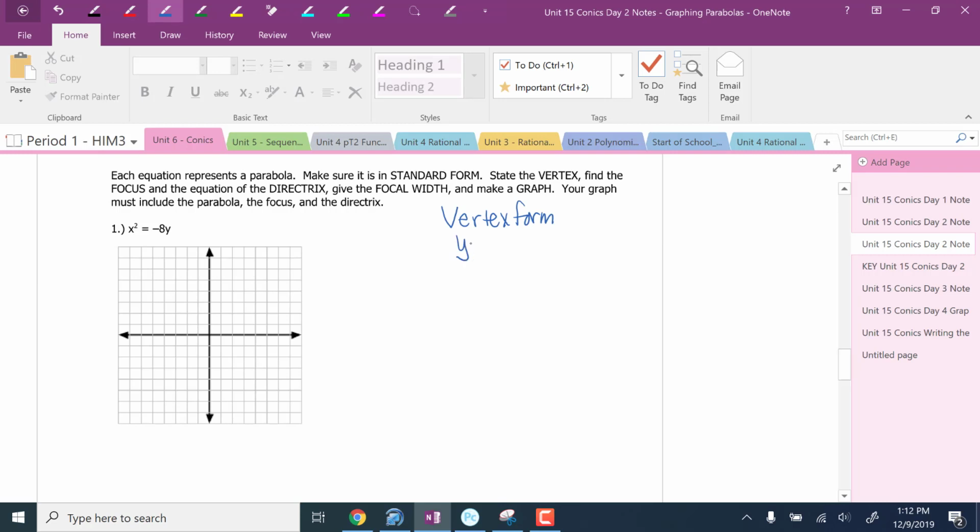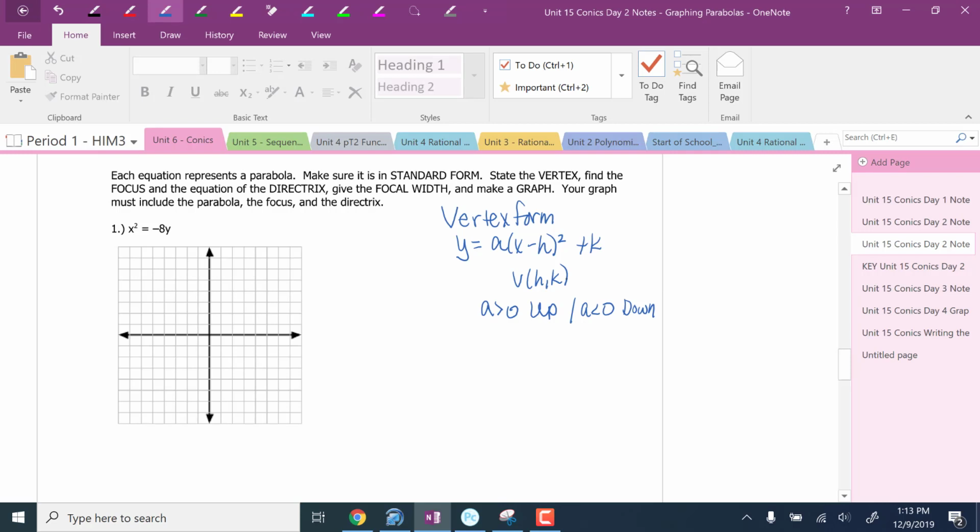One was y equals a(x minus h) squared plus k, where our vertex was at h comma k. This was like our old-fashioned parabola, where if a is greater than 0, we open up. If a is less than 0, we open down. This is an up or down, and the vertex is h comma k.